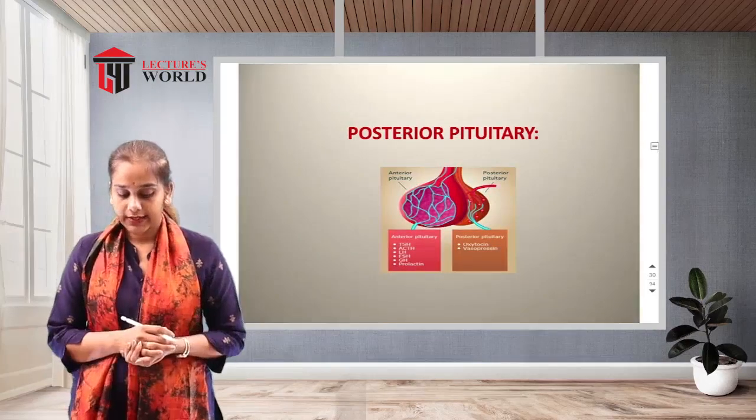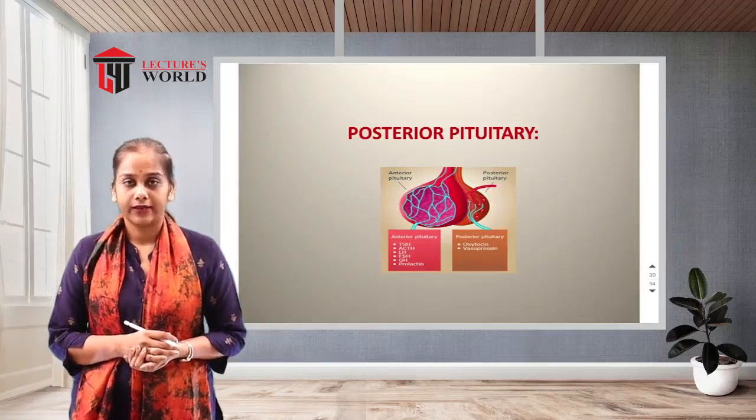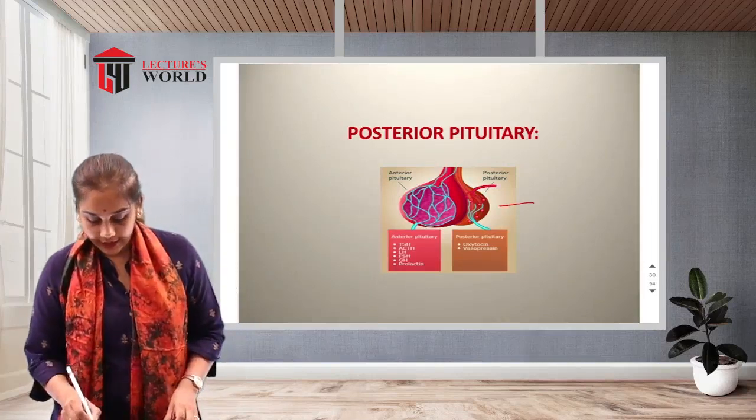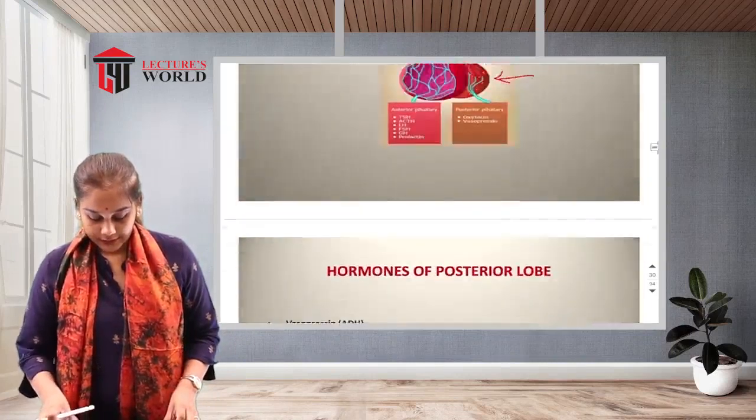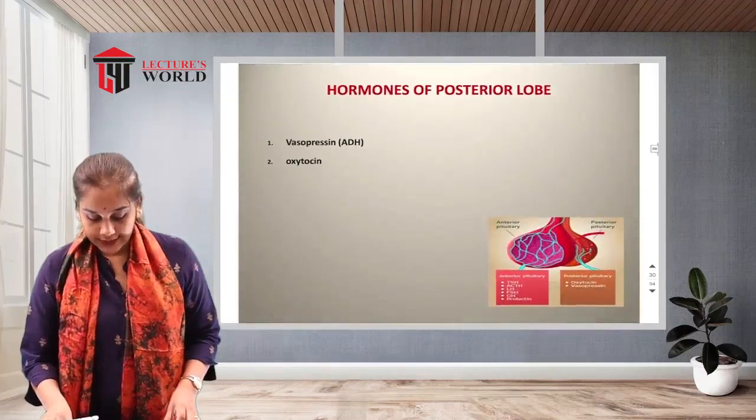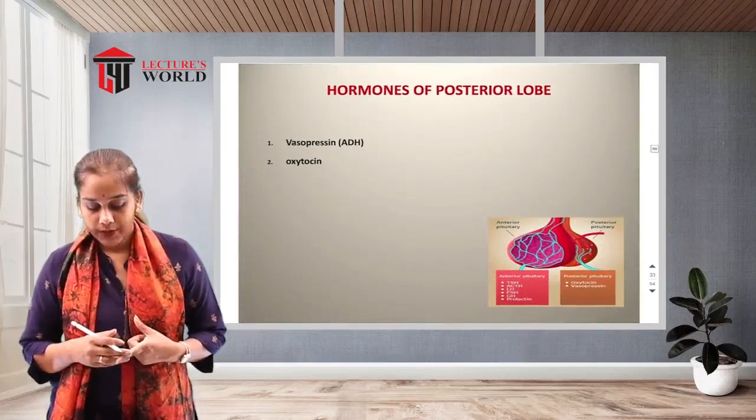Now the third portion is the posterior pituitary gland, located at the posterior side. Let us see the hormones of the posterior lobe.